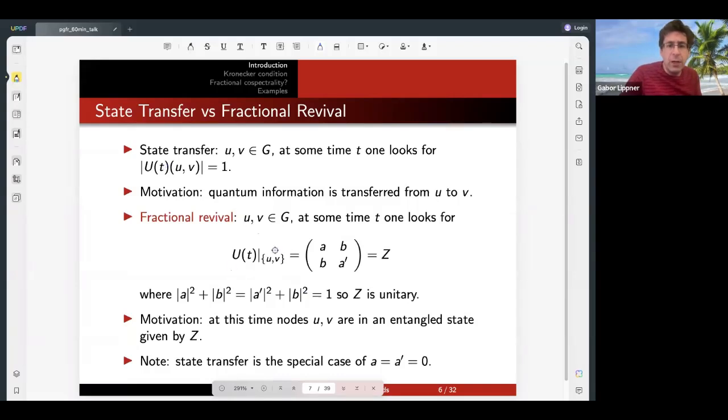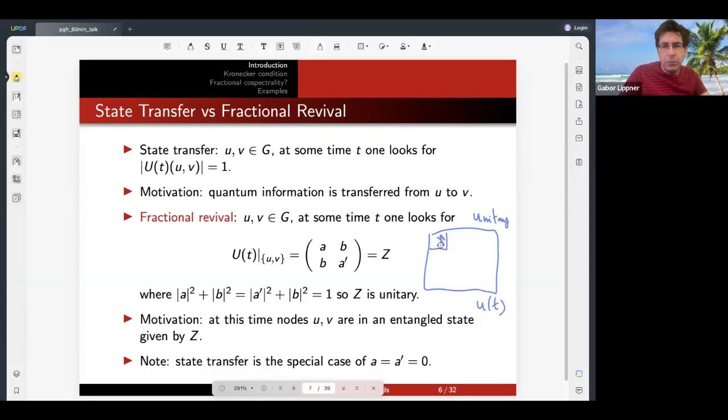Basically, what we want is that at a given time, if I look at this UT matrix, and I look at the 2x2 submatrix given by my two nodes, I want it to be a unitary matrix itself. So UT is already unitary. Sorry, so UT was already unitary. And then suppose that UV is the top left 2x2 corner.